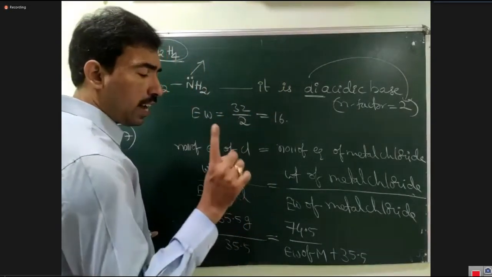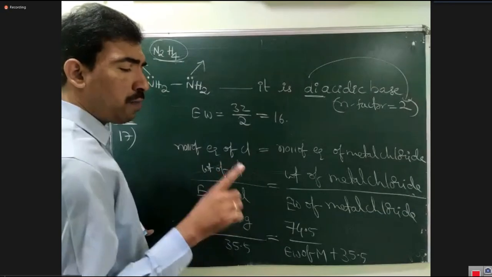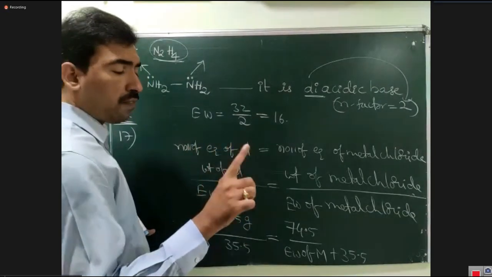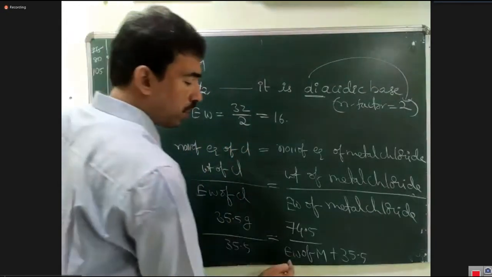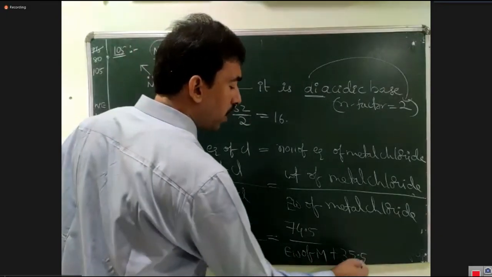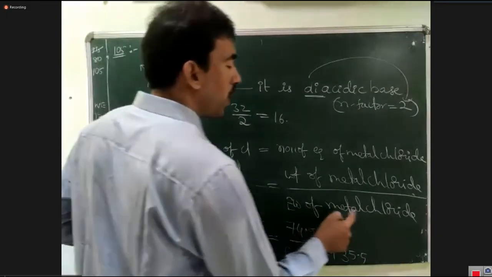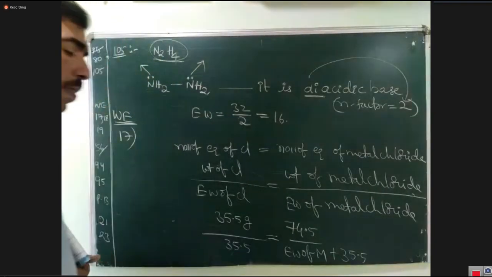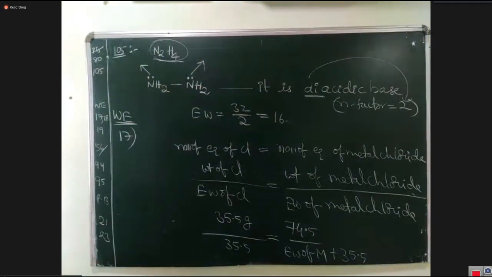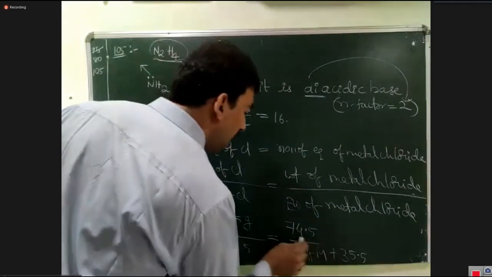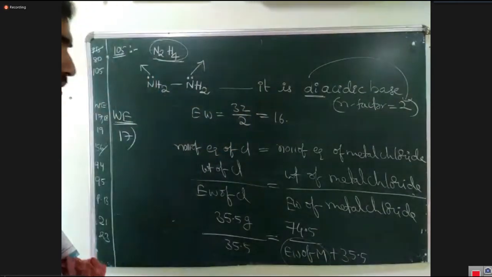Cl minus equivalent weight is 35.5 by valency 1, so 35.5 by 1. So equivalent weight of metal plus equivalent weight of chloride is equivalent weight of metal chloride. So now you can find the value for equivalent weight of metal.